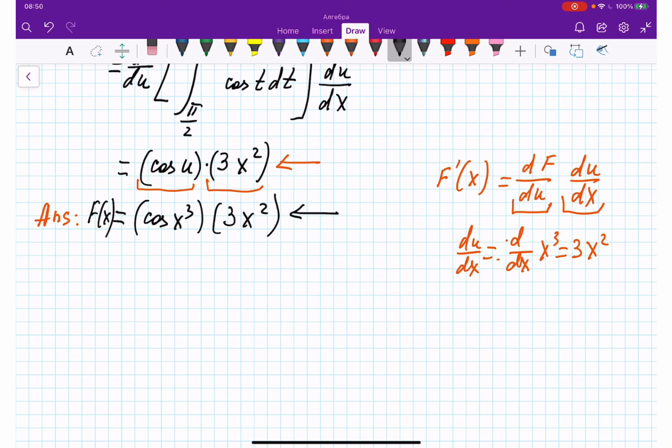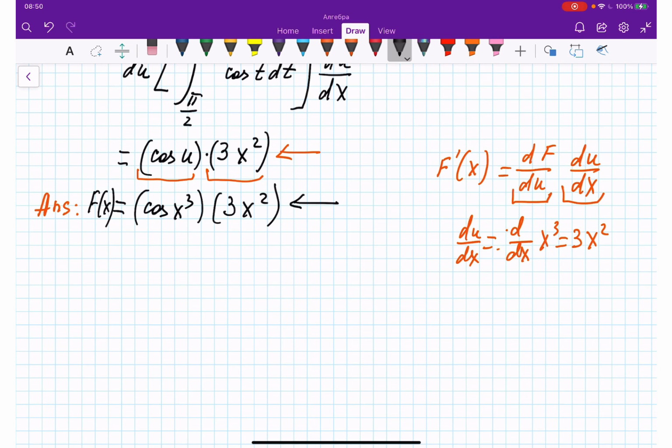Okay, so not always, obviously, but sometimes it's easy to verify. So if you plug back cosine t, let's see. This time I'll verify for you.